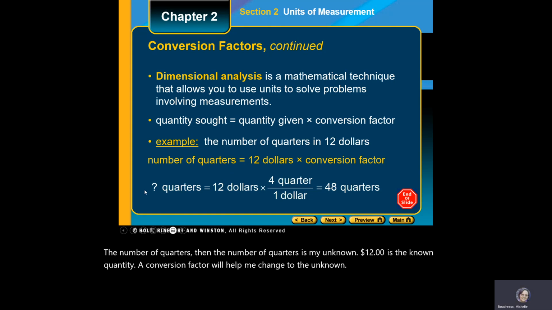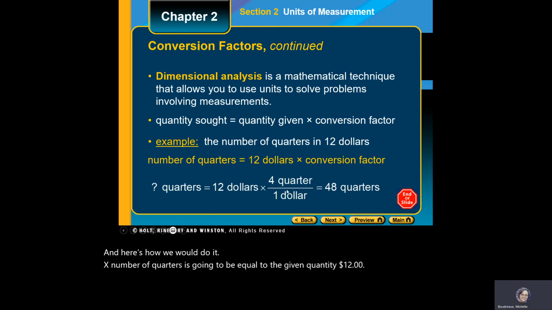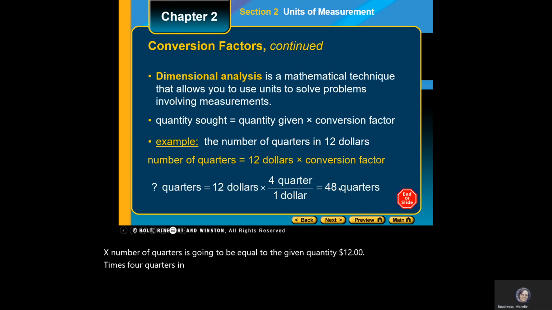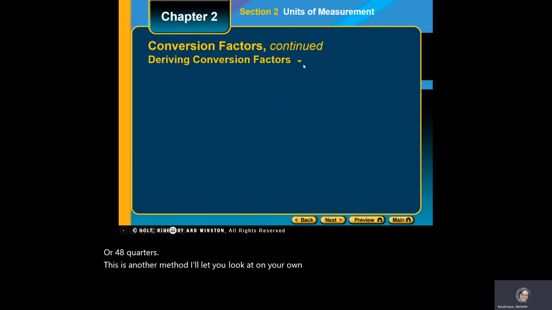And here's how we would do it. X number of quarters is going to be equal to the given quantity, $12, times 4 quarters in every dollar, or 48 quarters. This is another method. I'll let you look at that on your own, walking you one step at a time through a conversion.